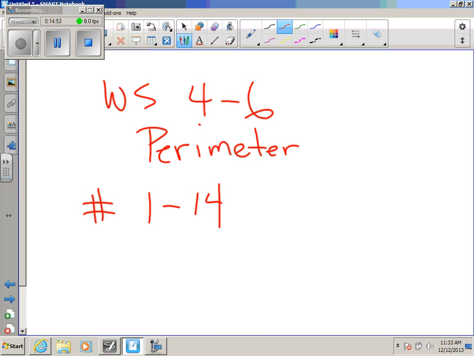How do we label perimeter? Just the regular unit. Do you need the labels? Yes, you need to label. Okay? So 1 through 14 and label. Liam. Or you can put it right in the middle of the shape if you want.